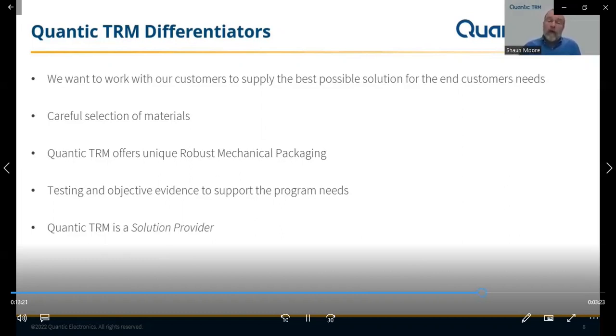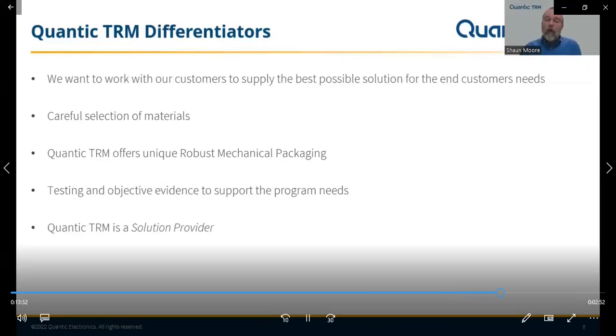We do that by being knowledgeable with how we select our designs, how we develop and have our packaging, making sure that the designs will meet all the environments. And also, we're very happy to provide the testing and objective evidence that our parts do meet those requirements. The bottom line here is that Quantic TRM is a solution provider.